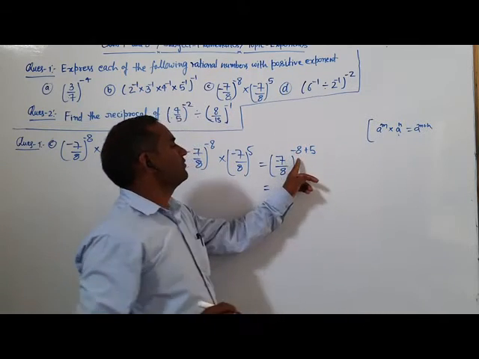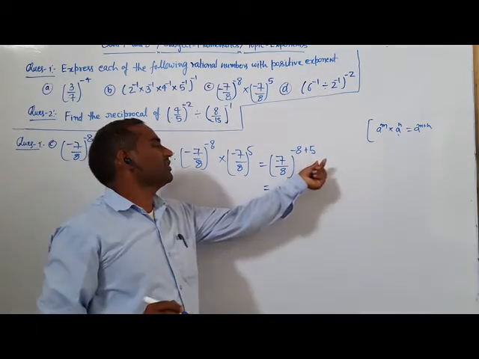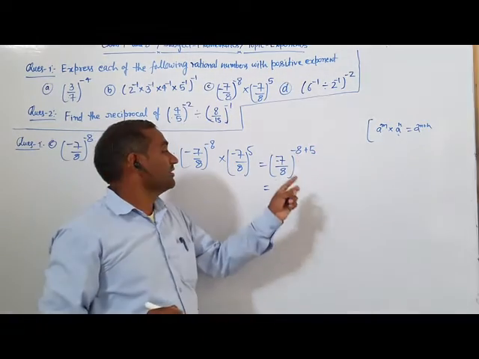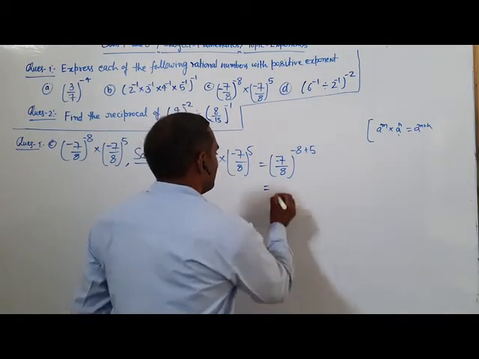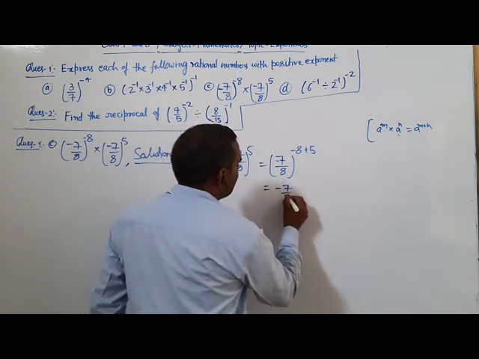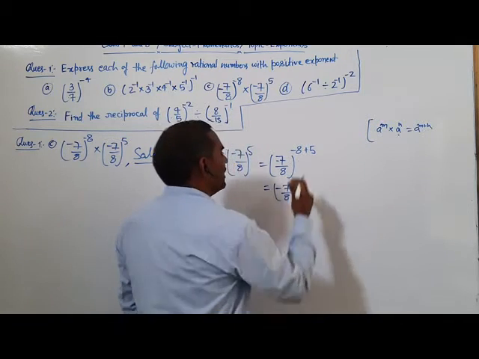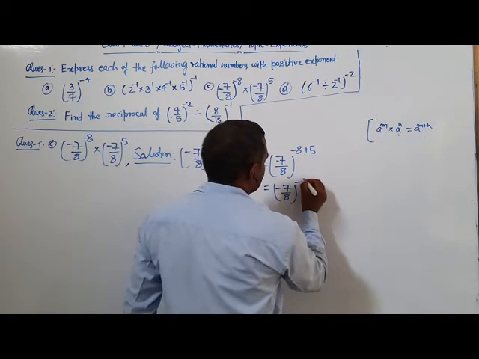The numerical value of 8 is more and the numerical value of 5 is less, so the sign of the greater numerical value will be written. Minus. Subtract 5 from 8, 3.